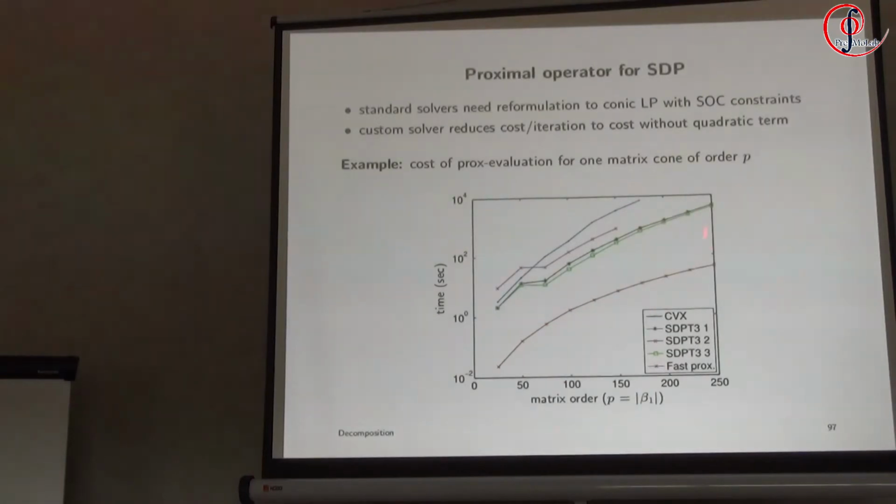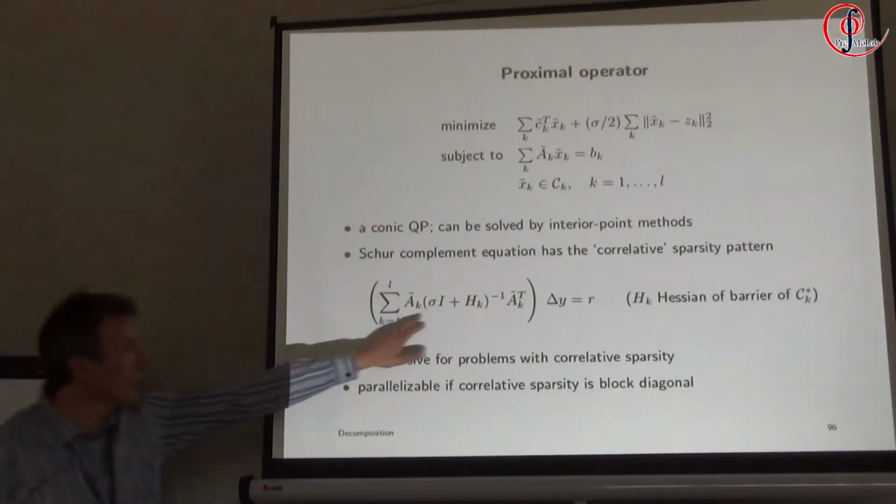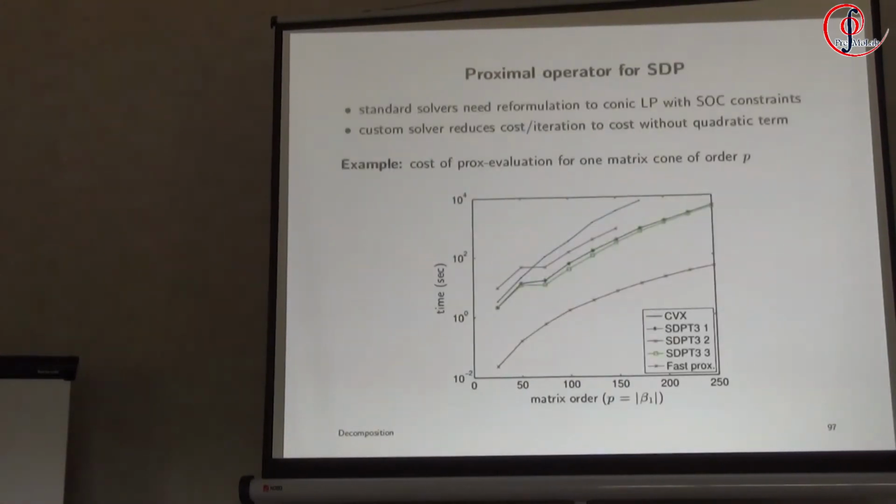So there's a big gap between the special purpose solver and the general purpose solvers. The main reason is, first of all, handling this quadratic term in the objective. And then for SDP, this becomes more complicated. You have to use a special trick to reduce the cost of this operation.